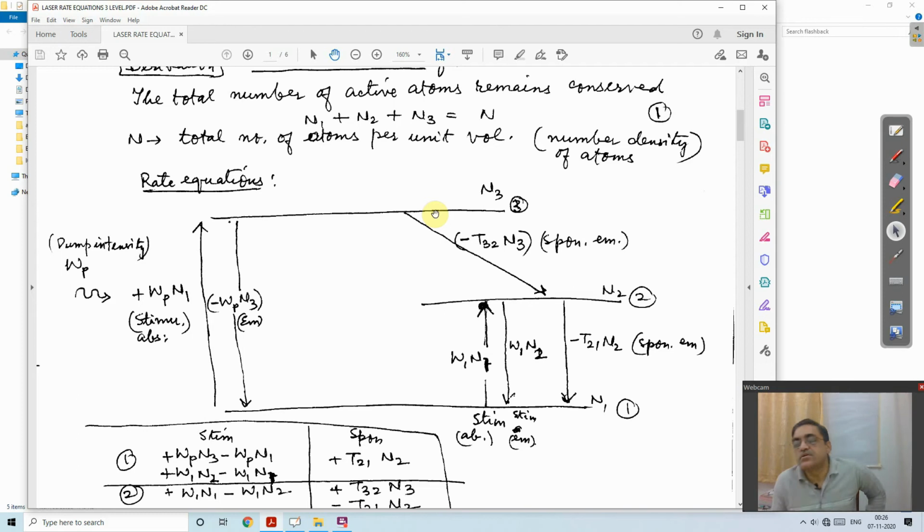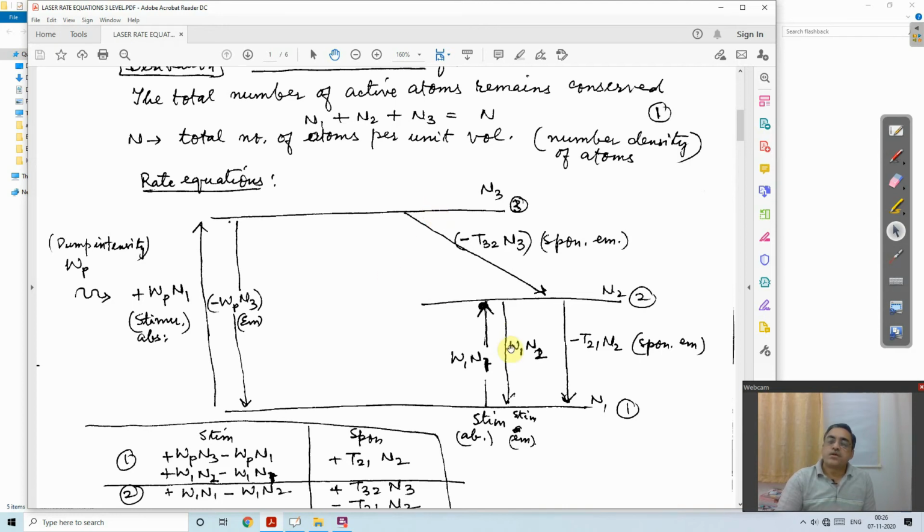This we have seen from the Einstein equations. In Einstein equations, Einstein modeled the stimulated and spontaneous transitions and gave his theory of radiation that we had discussed in our earlier lecture.